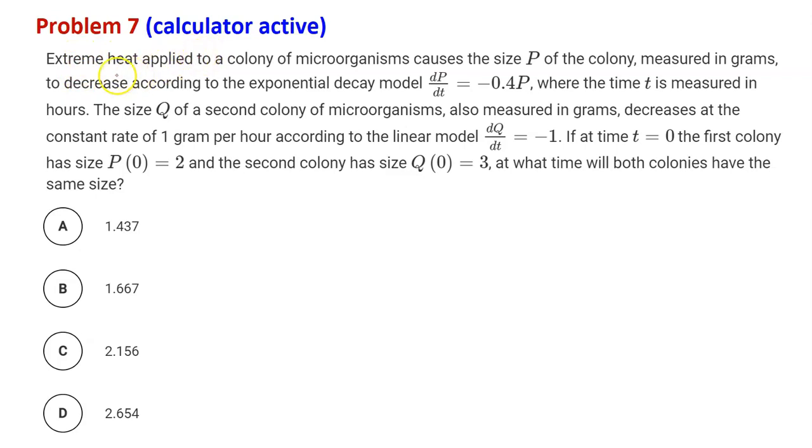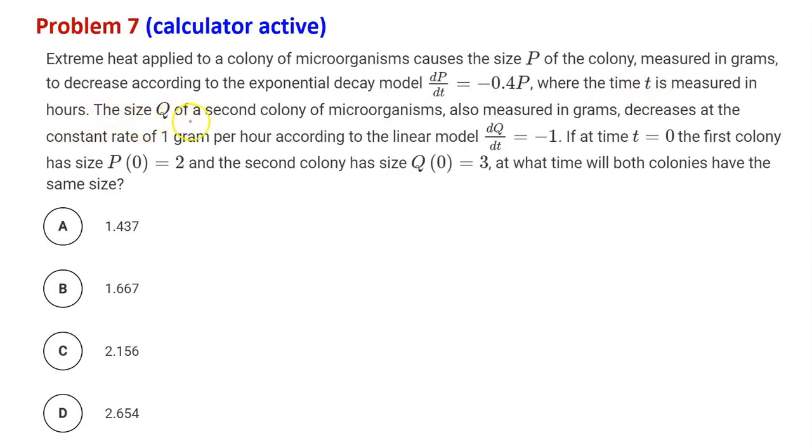Problem 7. Extreme heat applied to a colony of microorganisms causes the size P of the colony, measured in grams, to decrease according to the exponential decay model dP/dt equals negative 0.4 P, where time t is measured in hours.